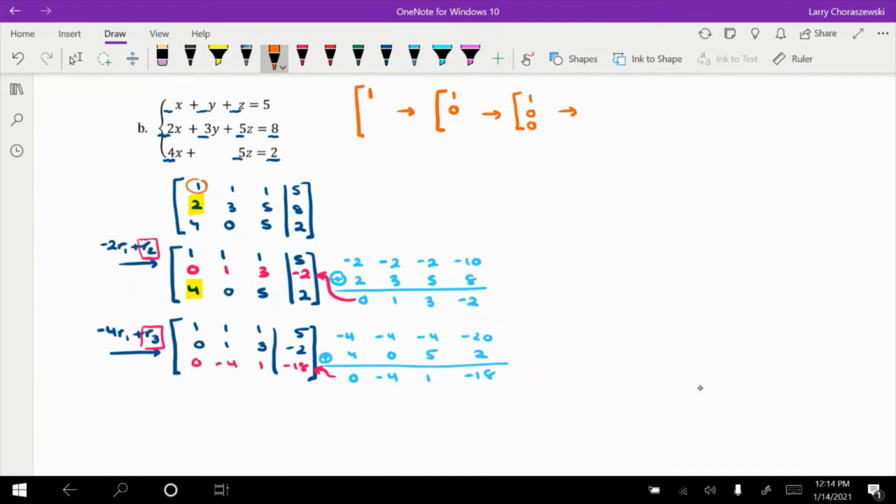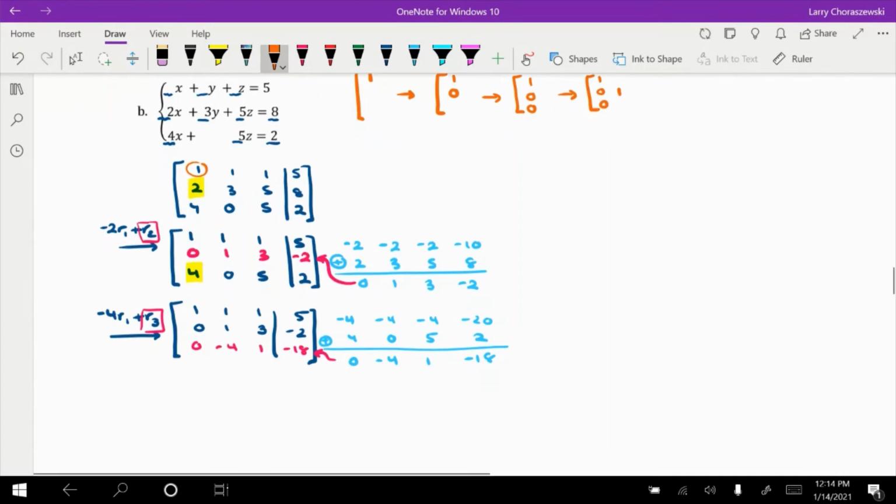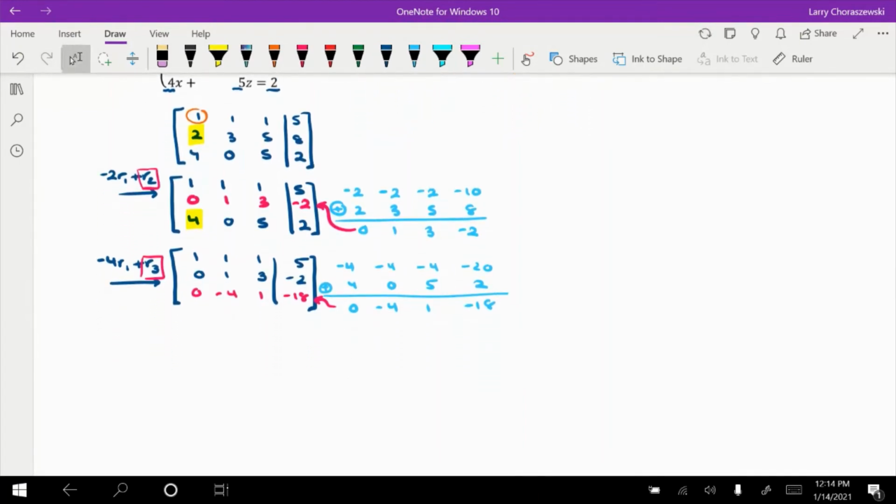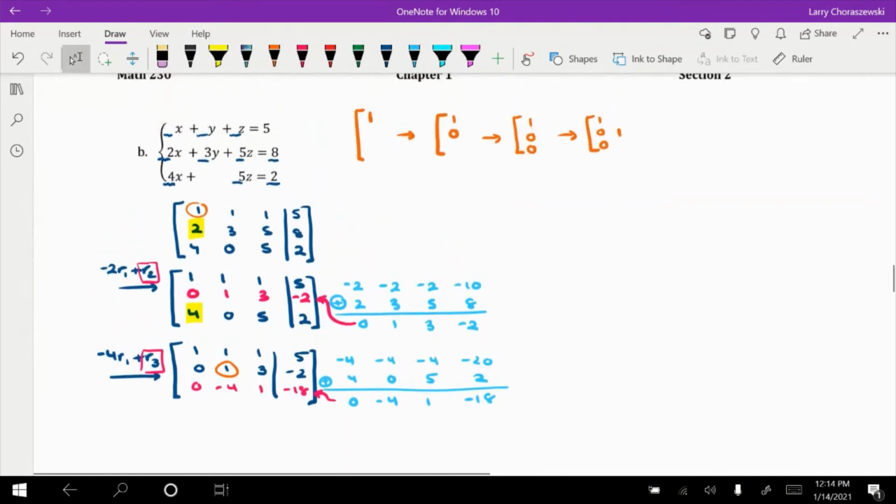Now what we want to do is get a leading 1 in row 2. Do we have a leading 1 in row 2? Yeah, it's 1. Yep, we got a leading 1 in row 2. So that's good. And we're actually going to use that leading 1 to get a 0 underneath it. So we're going to use that leading 1 to cancel out negative 4.